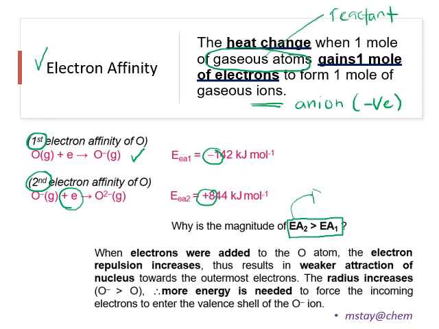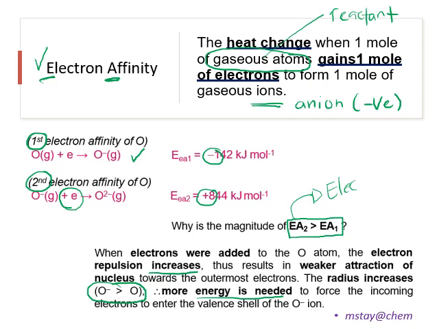EA is the short form for electron affinity. When an electron is added to the oxygen atom, the electron repulsion increases. This results in a weaker attraction of the nucleus towards the outermost electrons, and the radius increases. O- is larger than O, so more energy is needed to force the incoming electron to enter the valence shell.